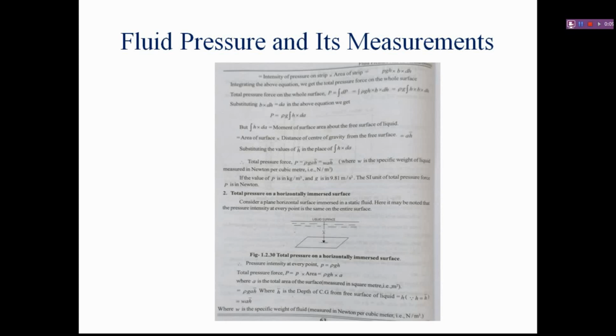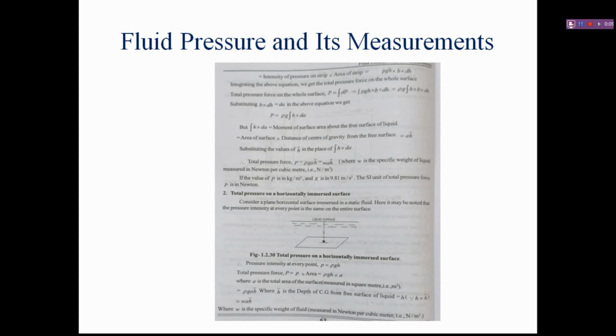It may be noted that pressure intensity at every point is the same on the entire surface, because the center of gravity and all the points on the surface are at equal distance from the free surface. So there won't be any difference between H and H bar. So pressure intensity at every point is P equal to rho GH. Total pressure force is equal to P into area, that is rho GH into A, where A is the total area of the surface measured in square meter.